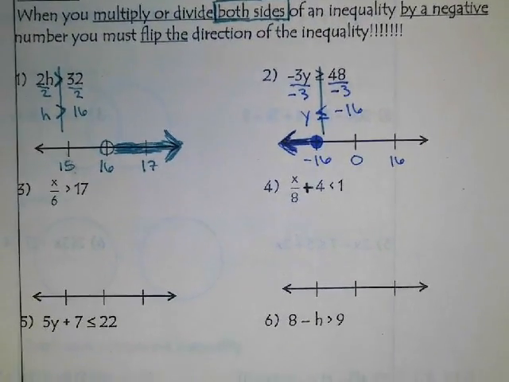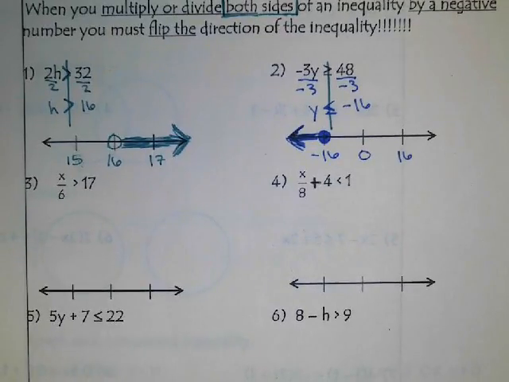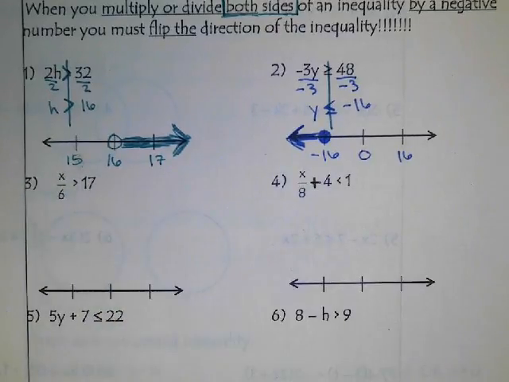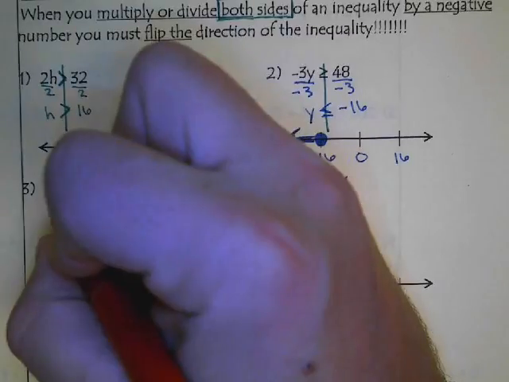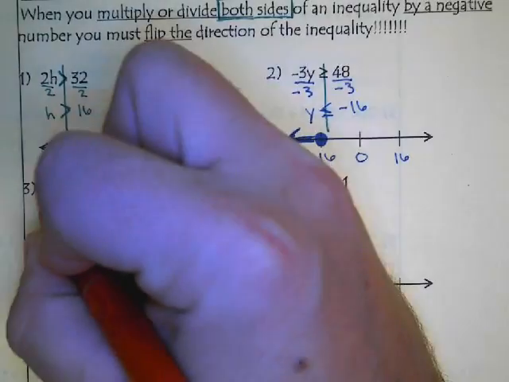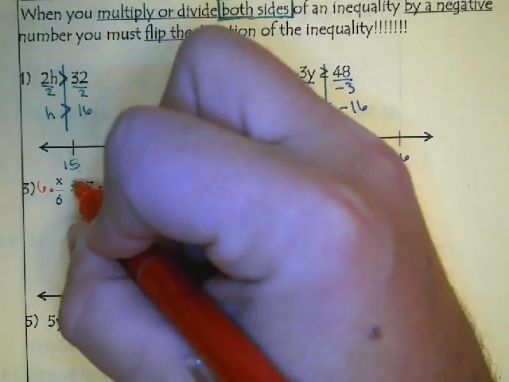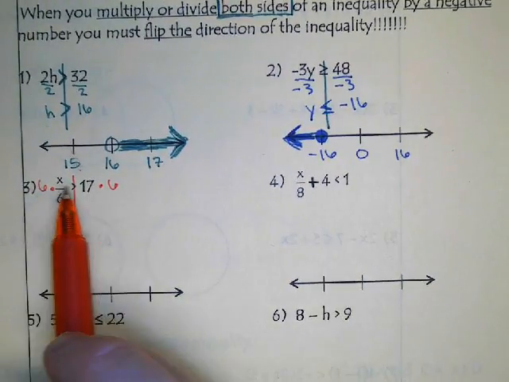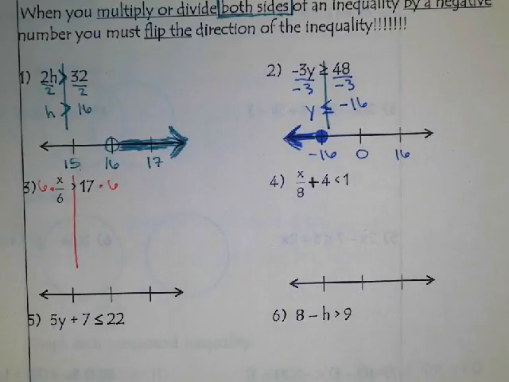Okay, number 3. Now, when we see this, we can read it as x divided by 6 is greater than 17. So a quick way to solve this would be to multiply both sides by 6. Draw our line down. Now I'm multiplying both sides by a positive 6.